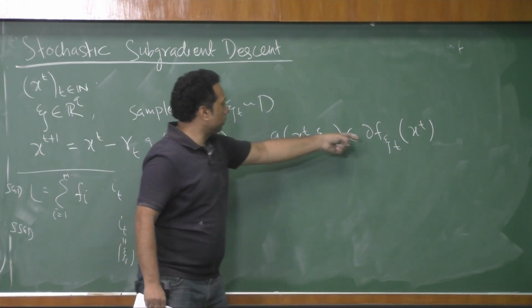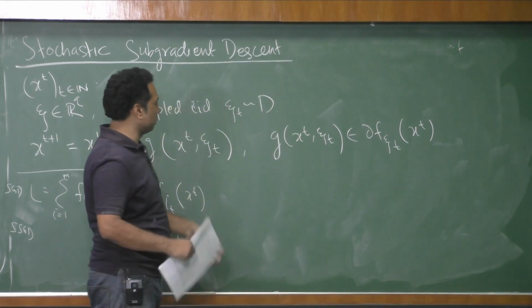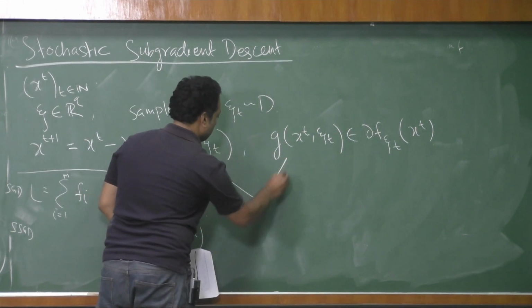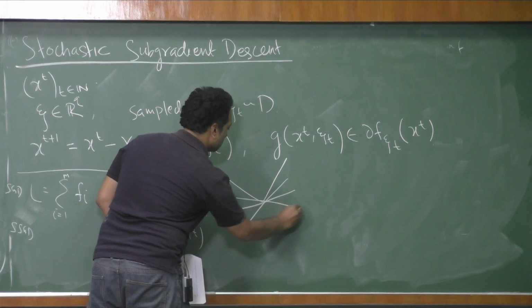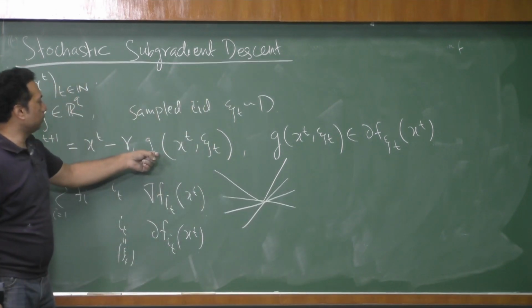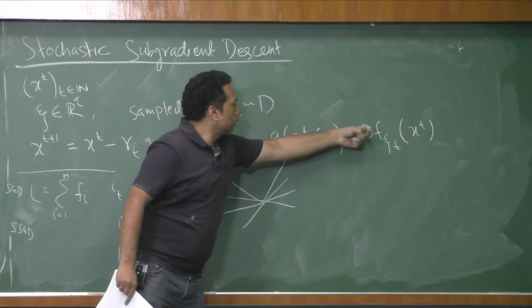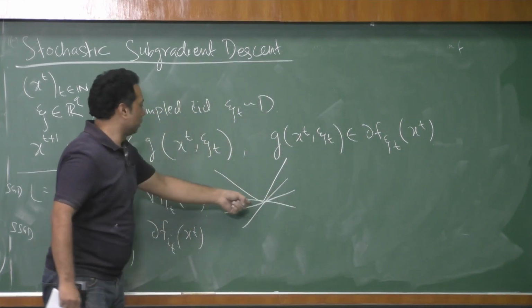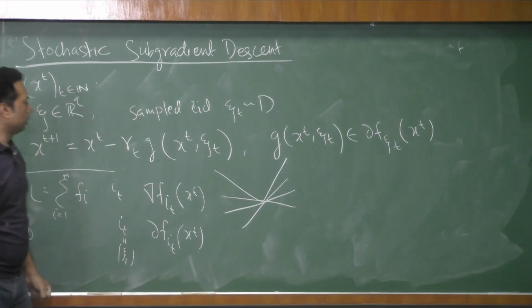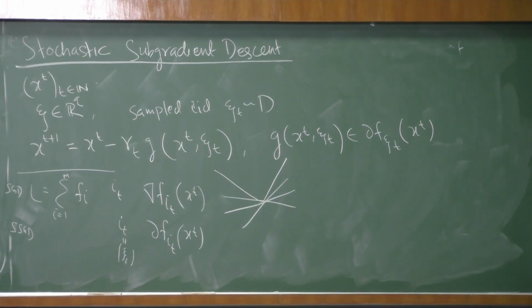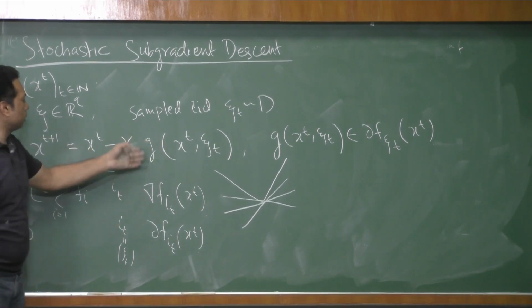It did not say which one. Since it is non-smooth, you may have many subgradients possible. The subgradient descent method says pick any one that you are comfortable computing, provide that, and then run this algorithm.